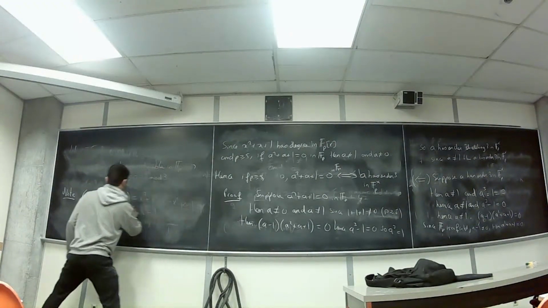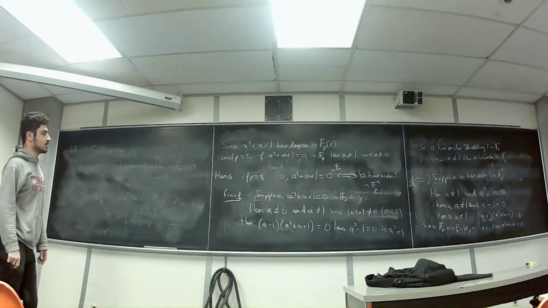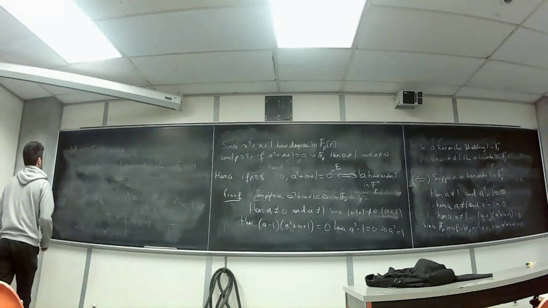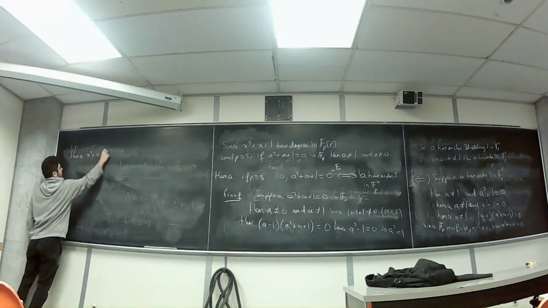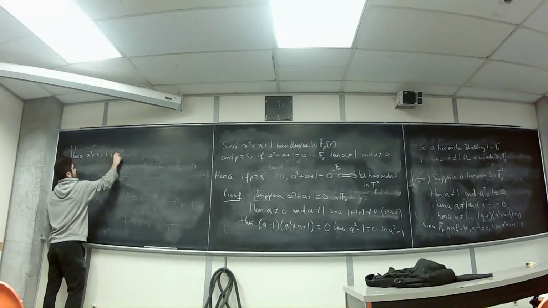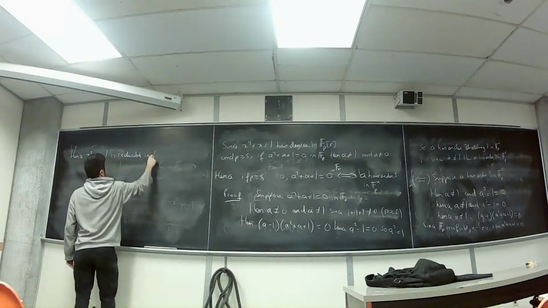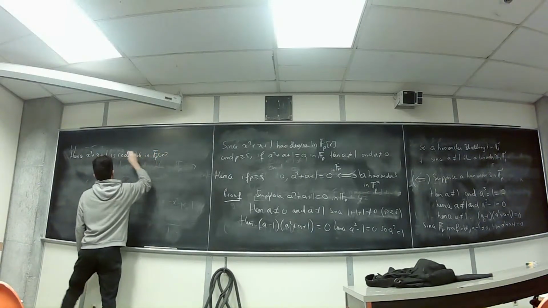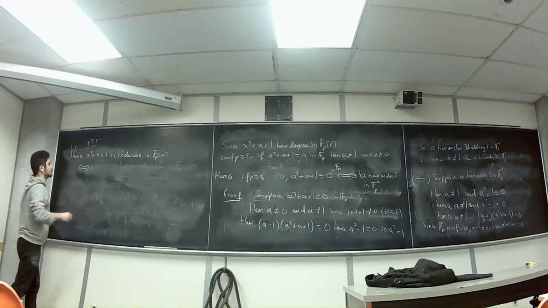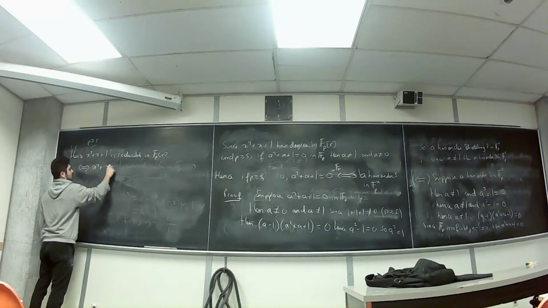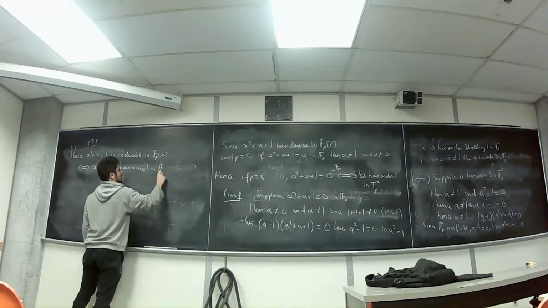So let's prove this now. Hence, x squared plus x plus 1 is reducible in F_p[x], so p is bigger or equal to 5, if and only if, since it has degree 2, it has a root in F_p.